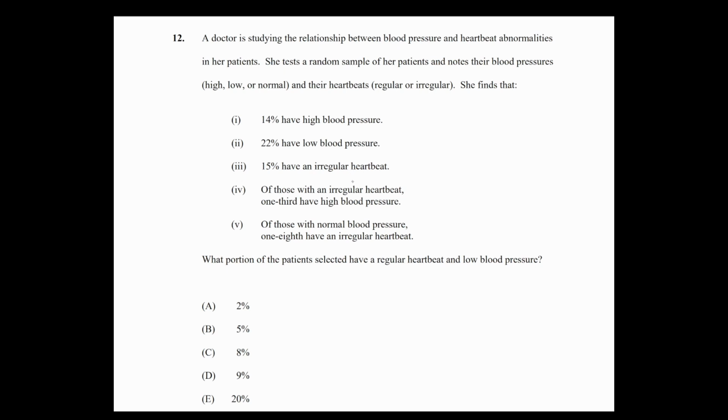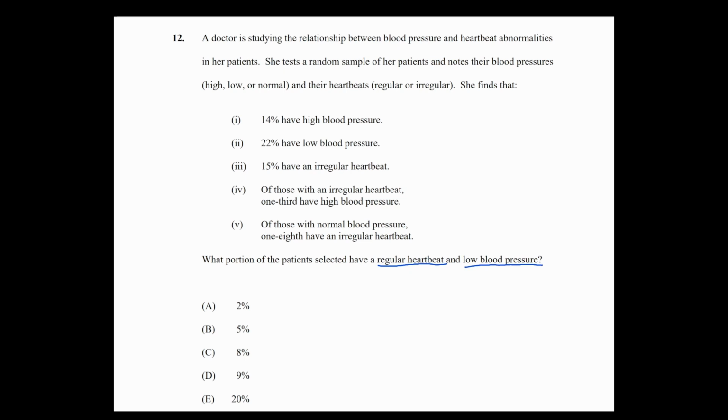Of those with an irregular heartbeat, one third have high blood pressure. Of those with normal blood pressure, 1/8 have an irregular heartbeat. So, what portion of the patients selected have a regular heartbeat and low blood pressure?